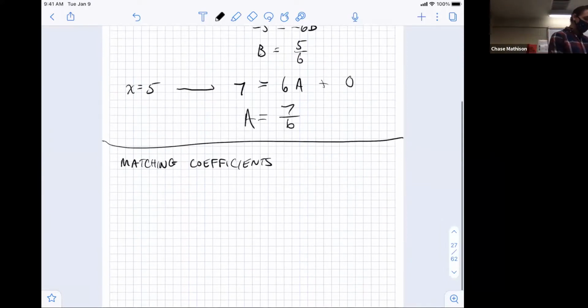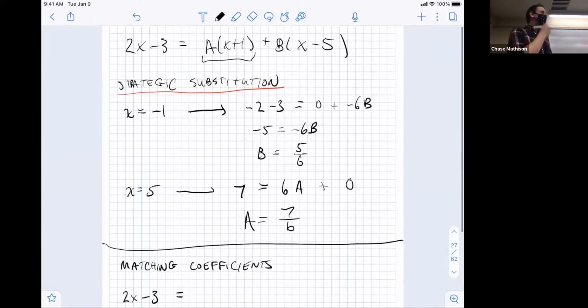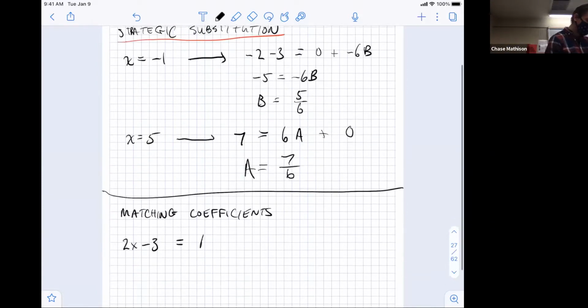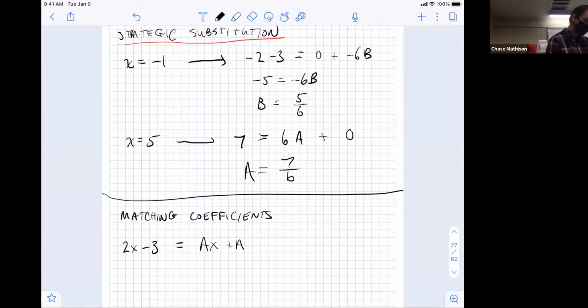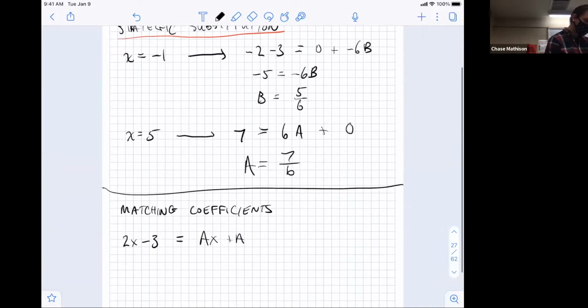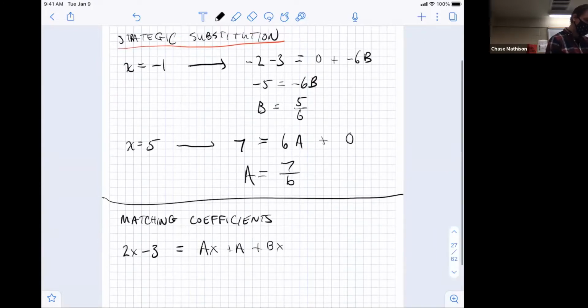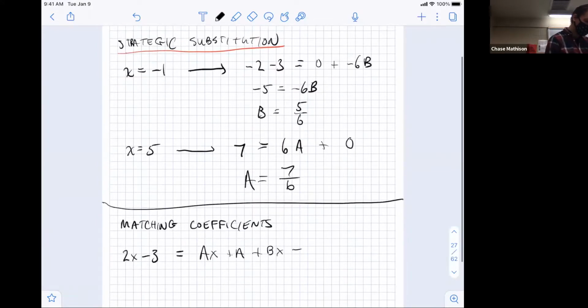So on the left, I have 2x minus 3. On the right, if I rewrite that so I have something times x plus a constant, so it's like it is on the left, I would rewrite this as ax. I would distribute the a, so ax plus a. And I would distribute the b, plus bx minus 5b.